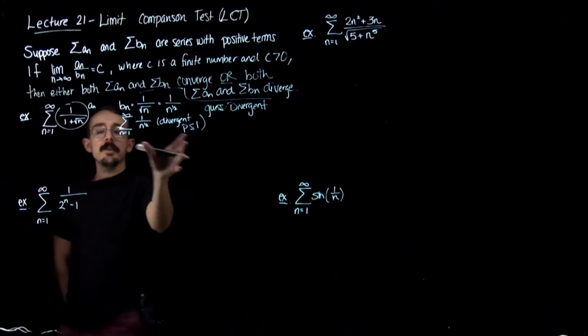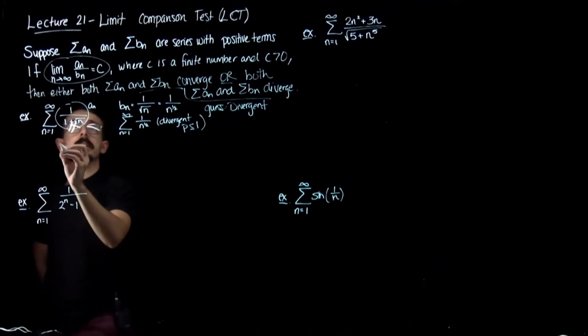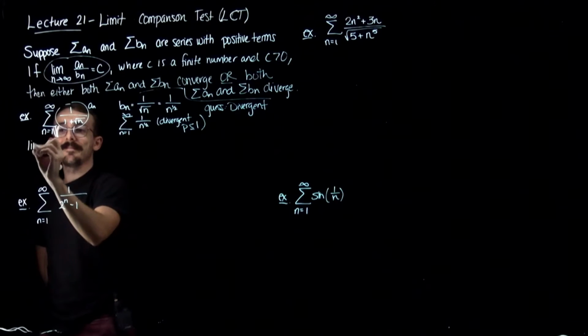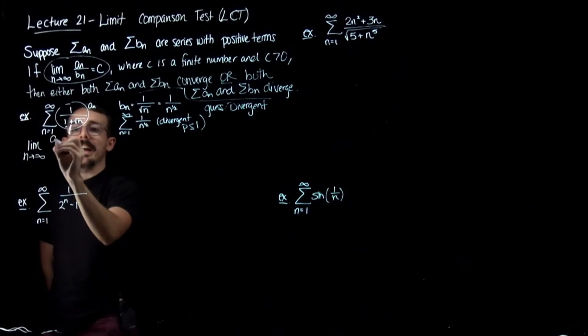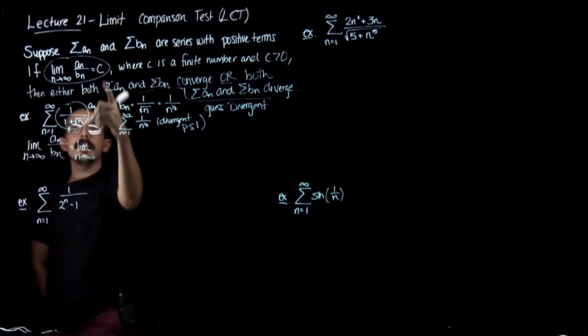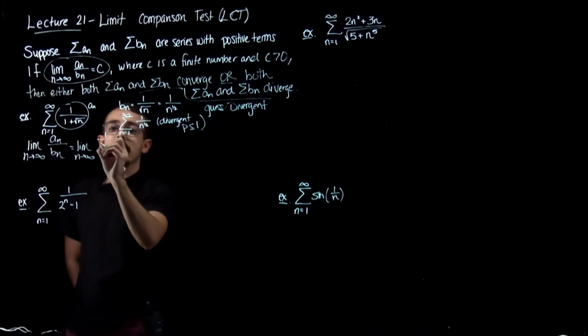So instead of doing some kind of inequality, we follow this formula. For this test, you use a limit, hence limit comparison test. So you do the limit as n goes to infinity of a of n over b of n. So a of n is the original, the starting thing. So this is 1 over 1 plus square root of n.